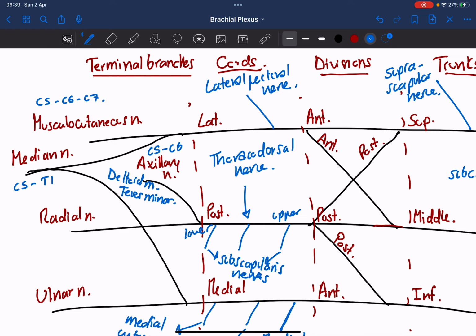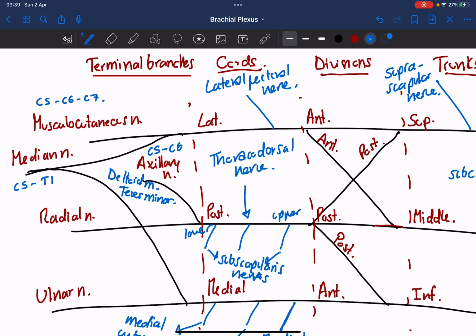So now, when we talk about the hand, there are about 20 muscles that make up the hand, and out of those, 5 out of the 20 are supplied by the median nerve, and those are the first and second lumbricals, as well as the thenar muscles. So within the thenar muscles, there are 3 muscles.